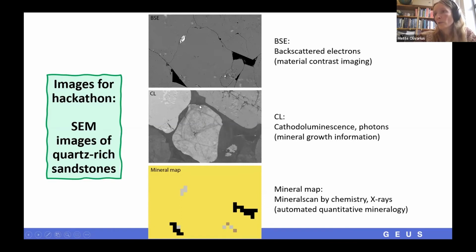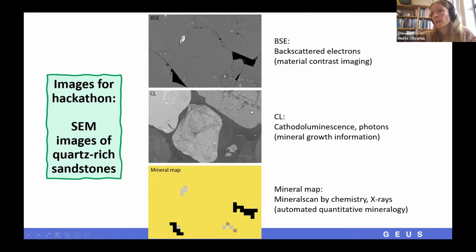So here you can see the original outline of the original sand grain, and then what is on the outside here is the overgrowth. And you can see how all the overgrowth has similar colors, whereas the original sand grains here and here and here can have very different grayscale colors. And they can also have some internal structures.